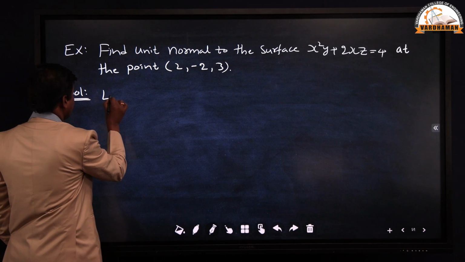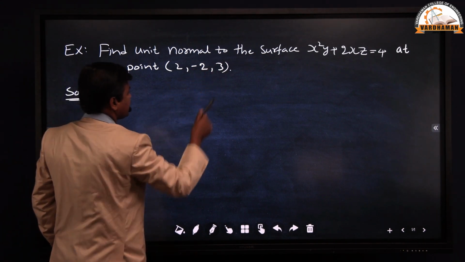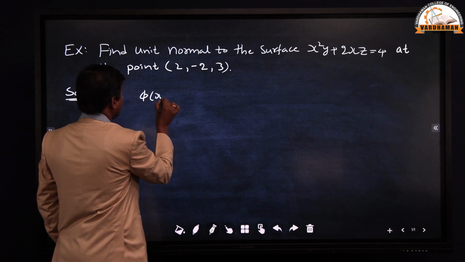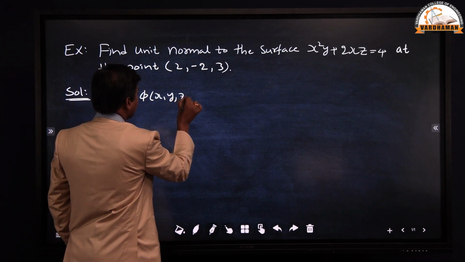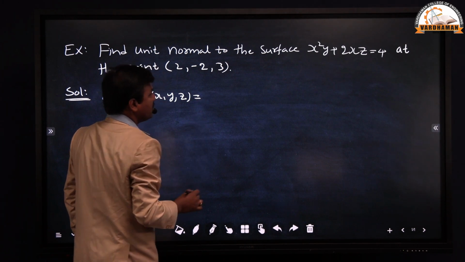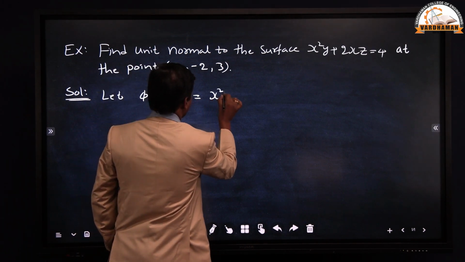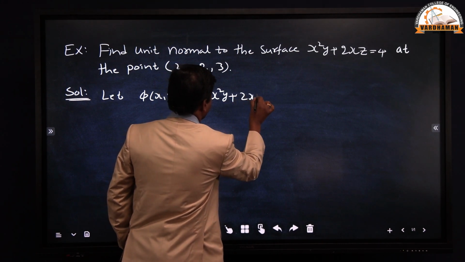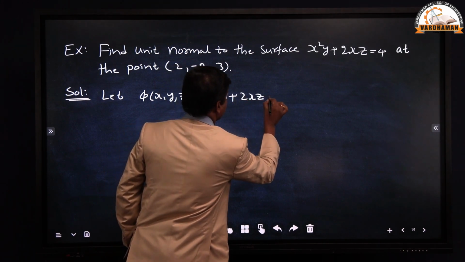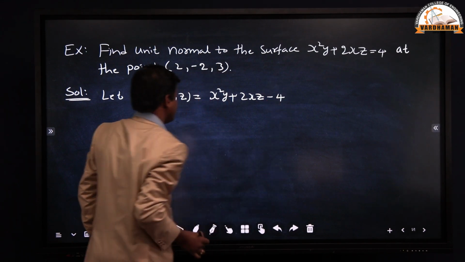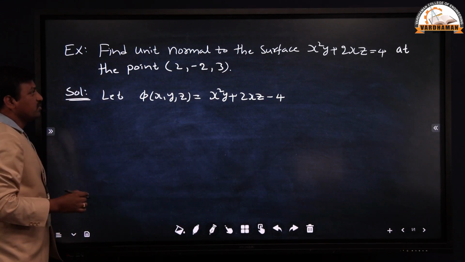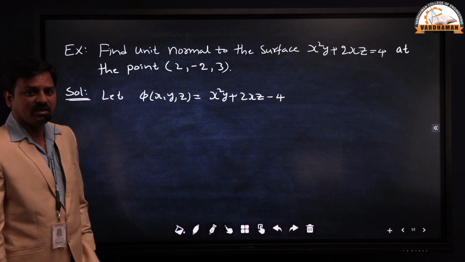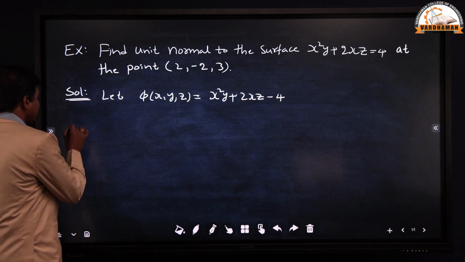Let the given surface be denoted by phi. Phi of x, y, z equal to x square y plus 2xz minus 4. Next, to find the unit normal to the surface, first we have to find the normal to the surface phi.